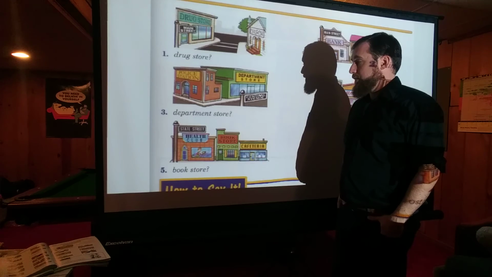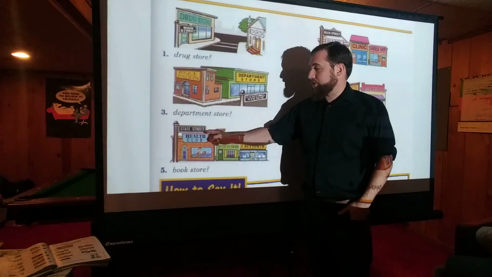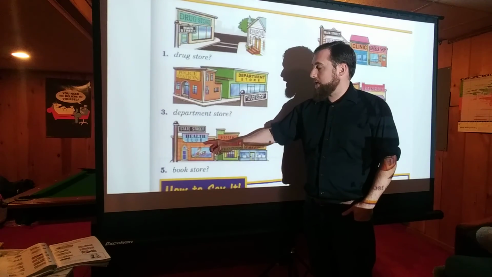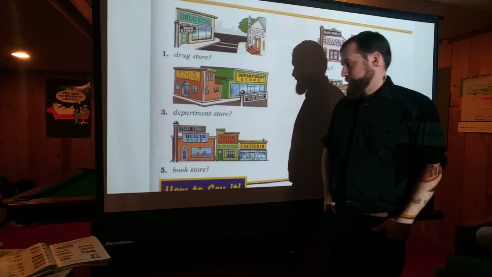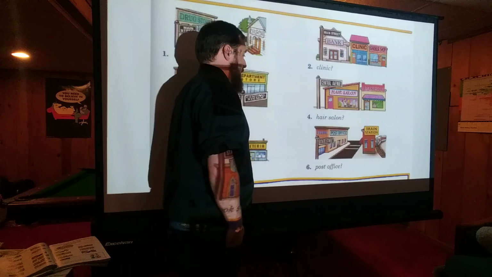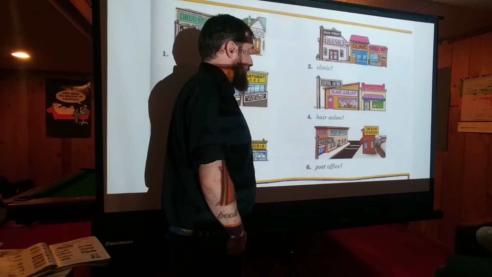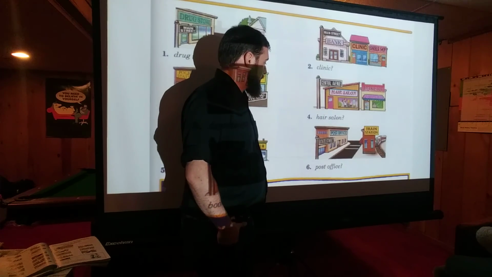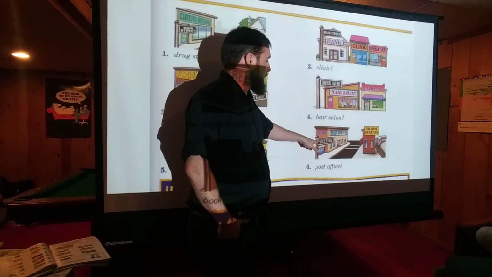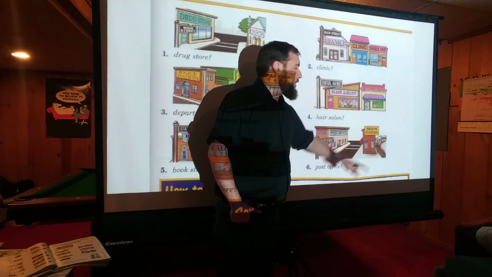Yes. There's a bookstore on State Street between the health club and the cafeteria. And number 6. Excuse me, is there a post office in this neighborhood? Yes. There's a post office on State Street across from the train station.